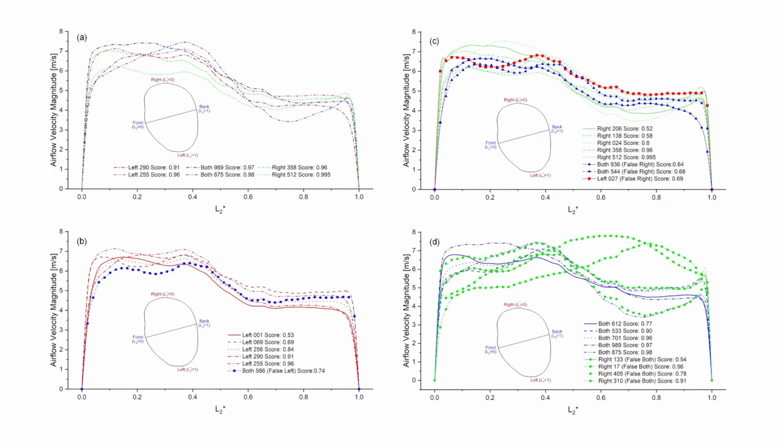This is the comparison for the velocity profile along the line from the front to the back of the chest, and the same conclusion can be drawn. There are no significant differences among cases with the left lung obstructed, right lung obstructed, or both lungs obstructed.